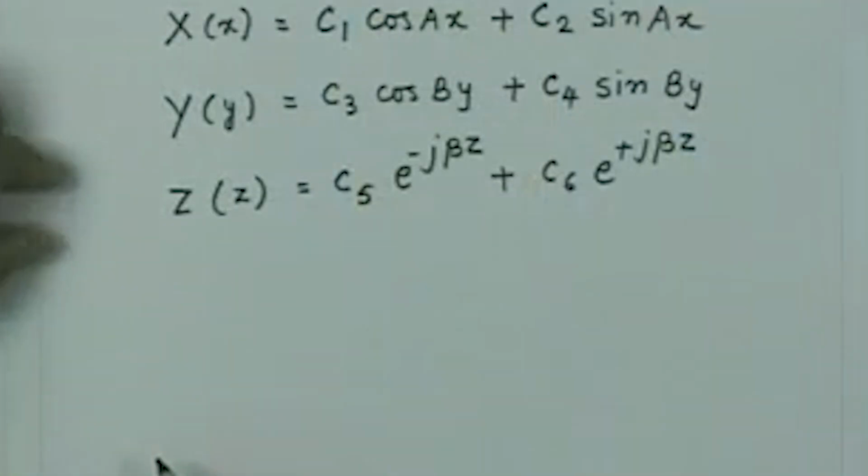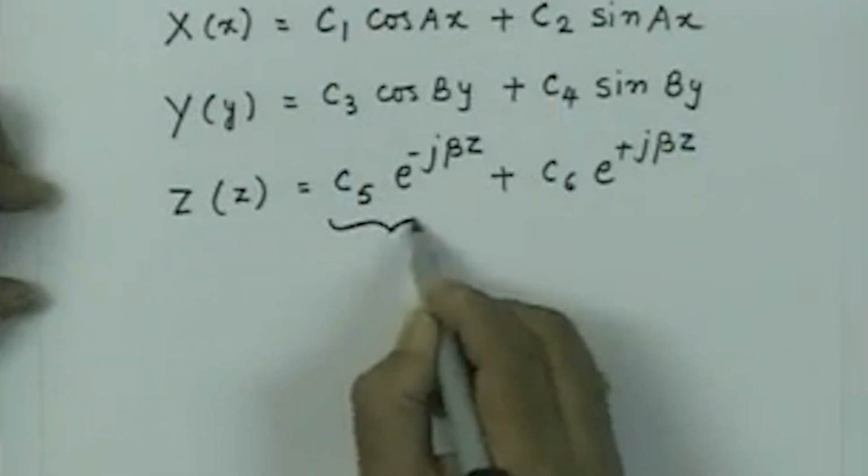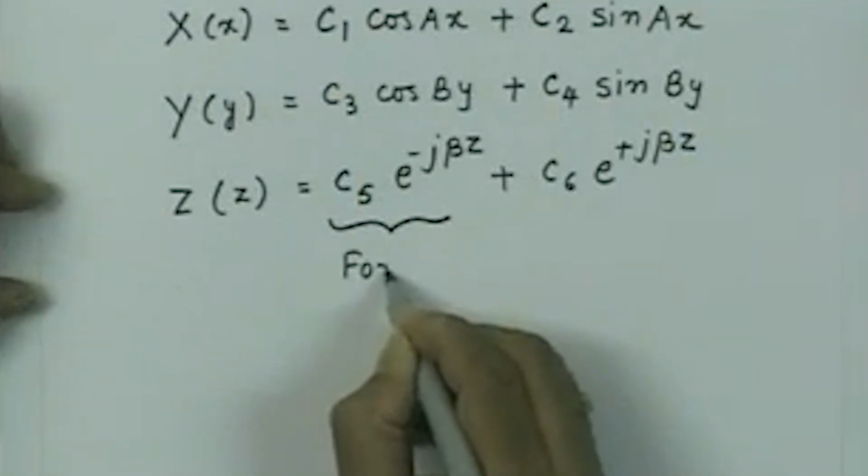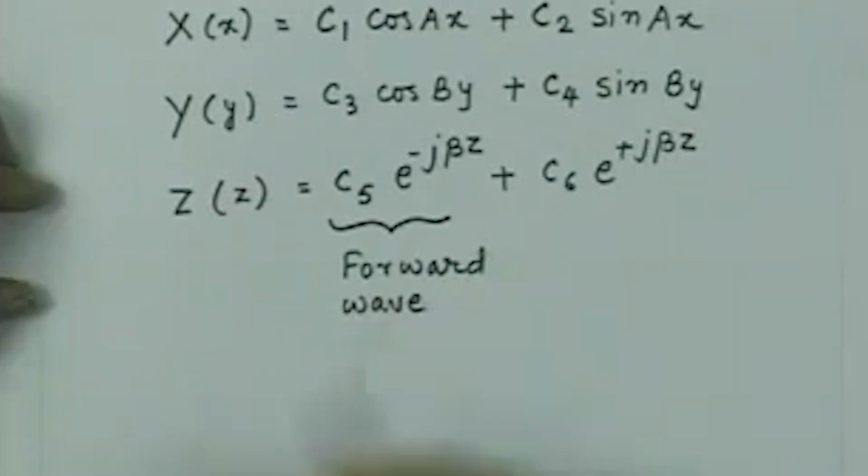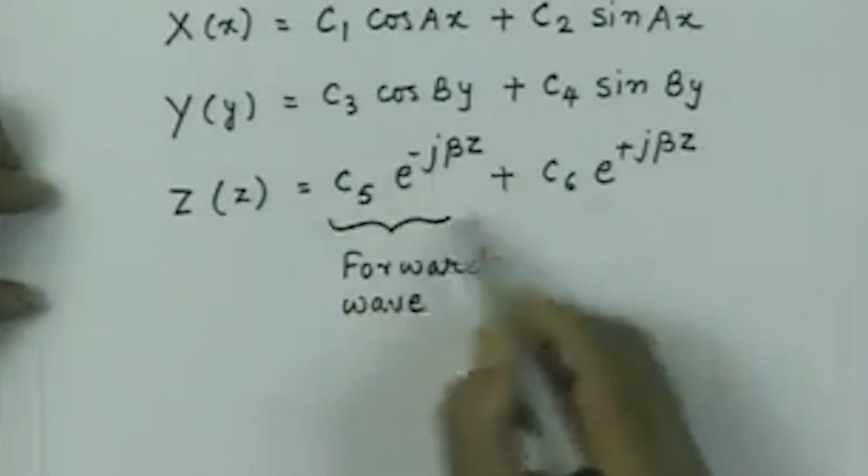So, just for simplicity of the analysis, we can assume that there is no wave which is travelling in the negative z direction, and we have only one wave which is the forward wave on this waveguide, travelling in positive z direction.